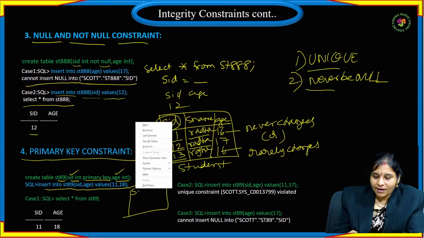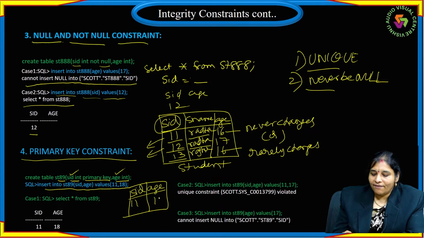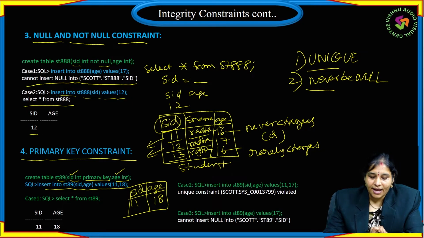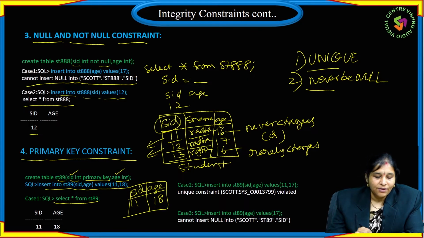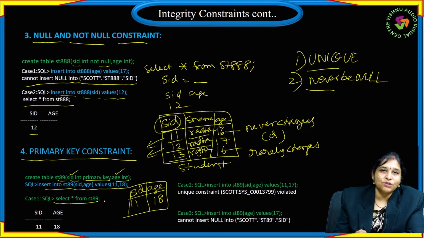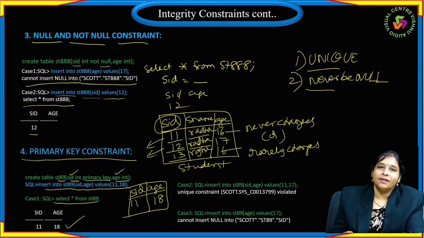So as SID I have taken 11, and underneath age I have taken 18. To retrieve those values, I give the select statement: select star from student 89, and I observe that the values have been inserted successfully.